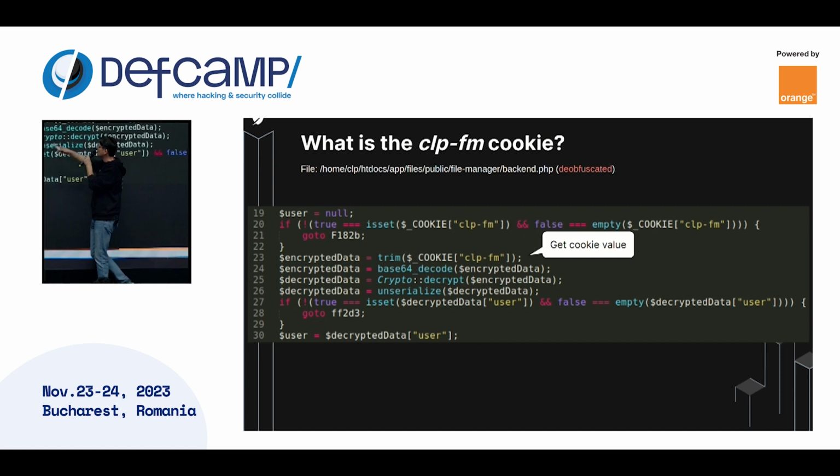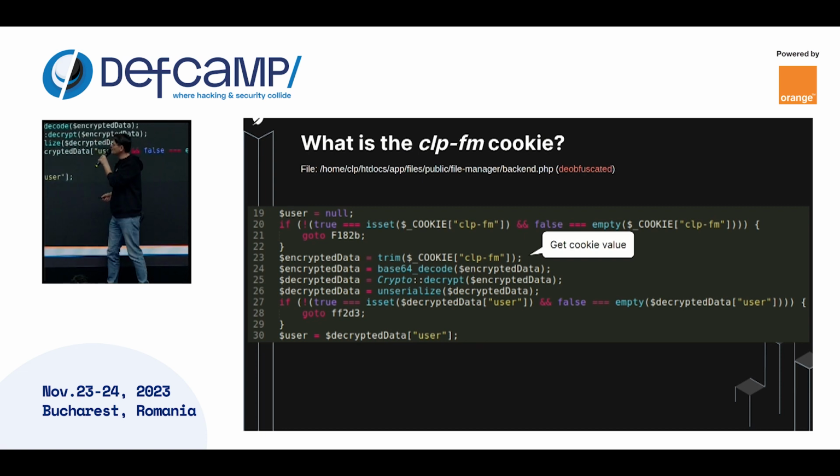The code starts with a user variable, which at the end will hold the user performing the current operation when accessing the file manager. And you can see that there is a variable here called encrypted data, which is taken exactly from the cookie value, the clp-fm cookie, which comes from the browser.